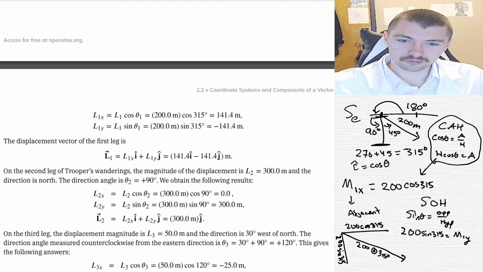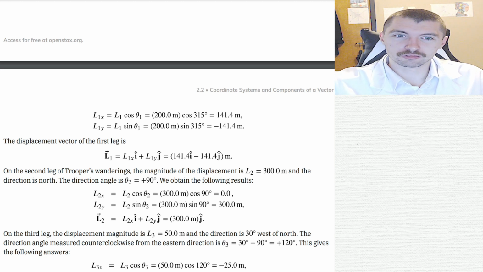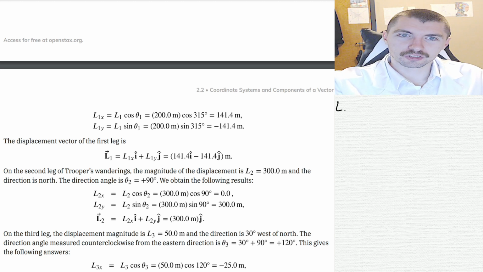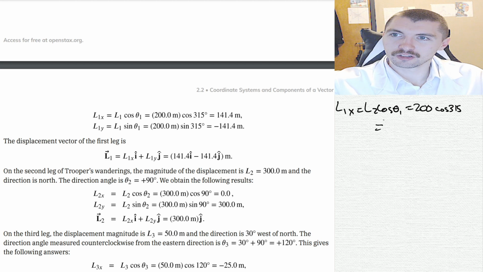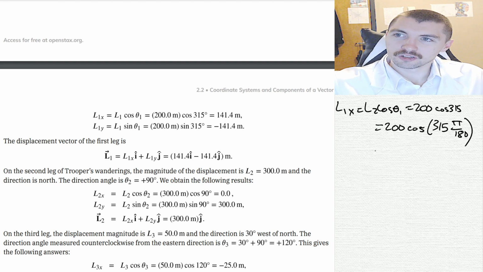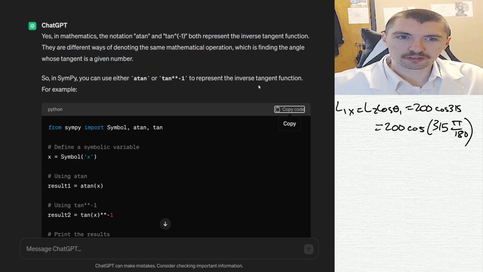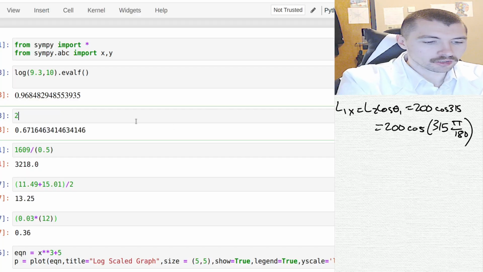So it's really saying, when the book is saying L1x equals L2 cosine theta 1 equals 200 cosine 315, it's really saying 200 cosine 315 pi over 180, because we want to convert this into radians. So to verify, I will show you 200 times cosine 315.